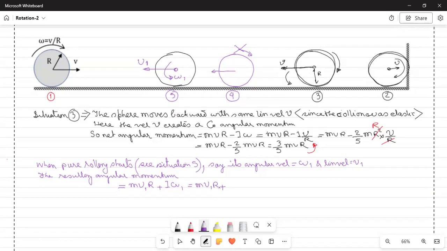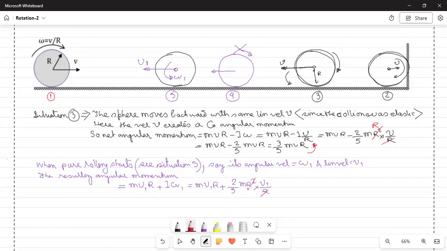Now I is equal to 2 by 5 mr square, into omega 1, which is v1 divided by r.